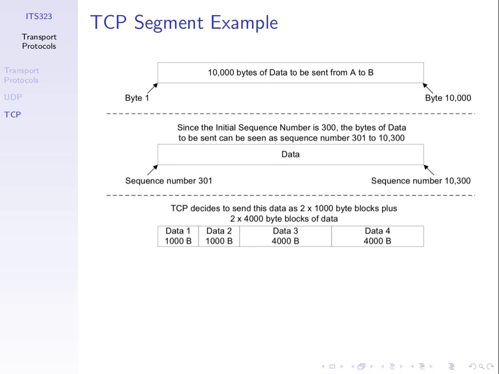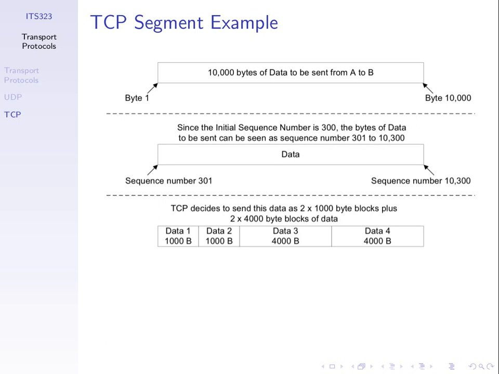So before we send any data, we establish a connection and choose an initial sequence number. In this example, and just in this example, I've set it to 300. What that means is that of this 10,000 bytes of data, we can conceptually think that the first byte has sequence number 301.